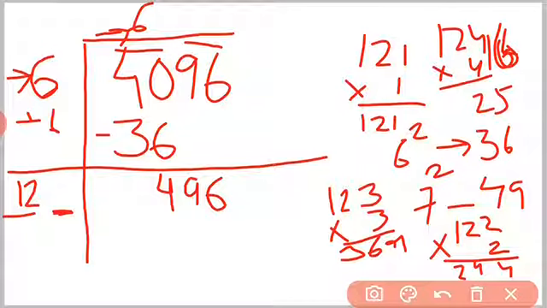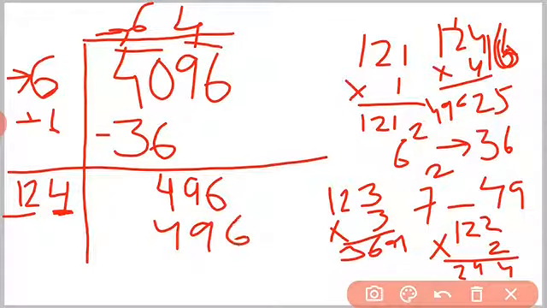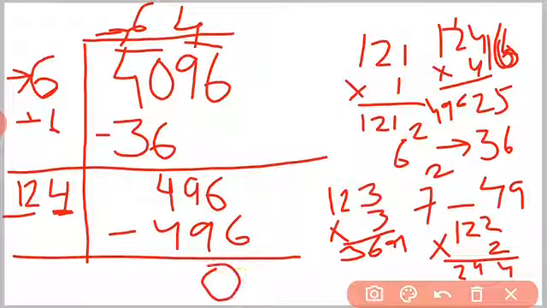What do we get? 496. So when we multiply 124 with 4, we get 496, which is exactly equal to the dividend. Now we subtract this and we get 0.